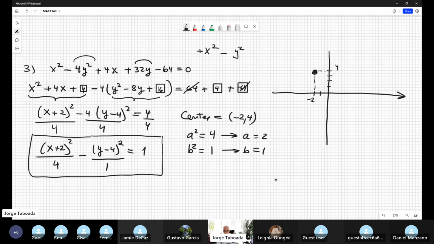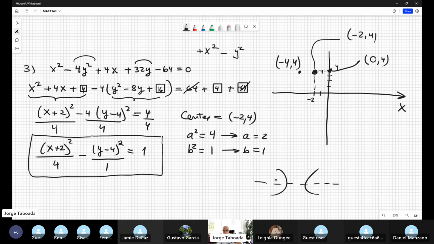However, our hyperbola opens like that, so our transverse axis is parallel to the x-axis, and that distance is 2. So it's 2 in that direction. Wow, look, coincidence with this point. And by the way, this point is the point 0,4. This point was, remember, -2,4. And the other vertex is 2 in the opposite direction, you have -4, +4. Sorry.